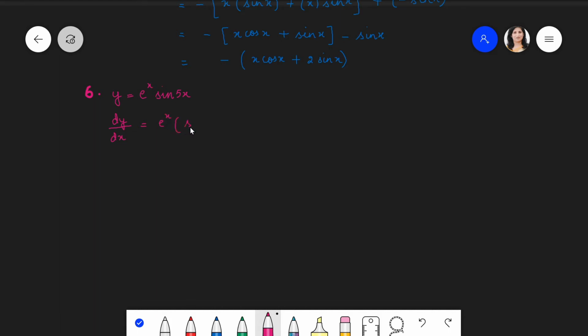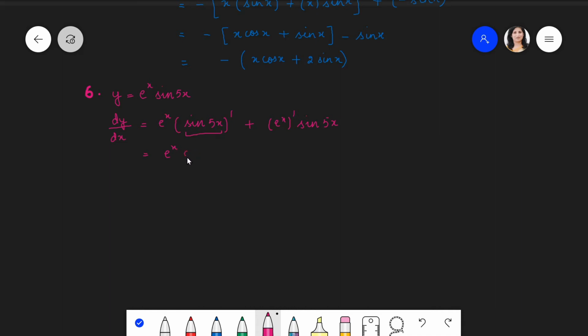So e to the power x into derivative of sin 5x plus derivative of exponential function into sin 5x. This is equal to e to the power x. Now here this is a composite function, right?